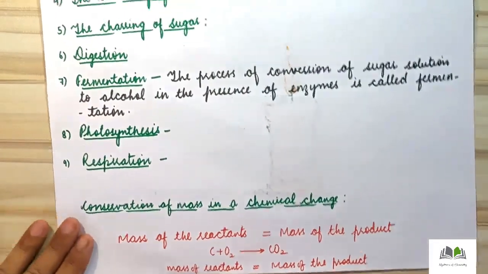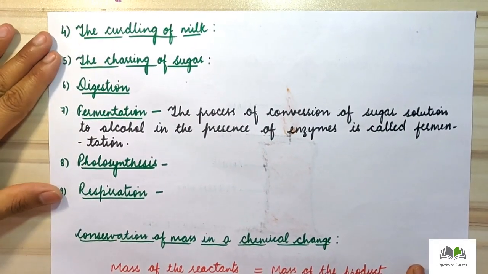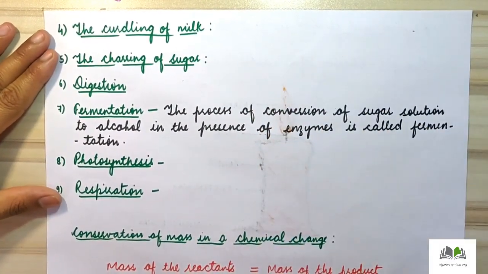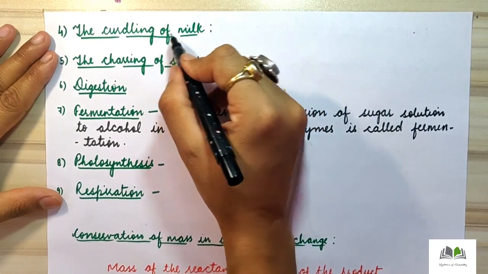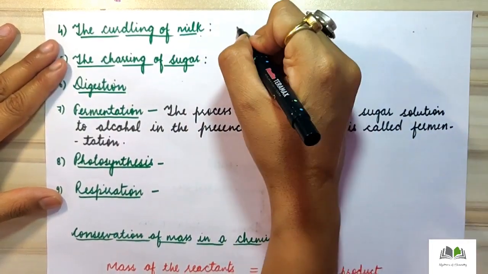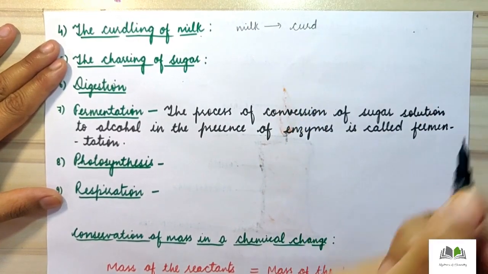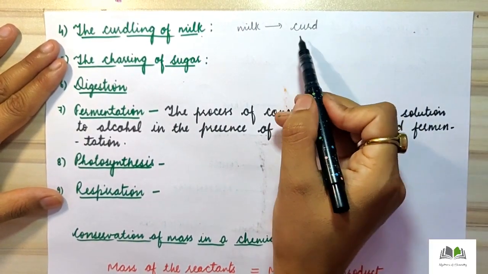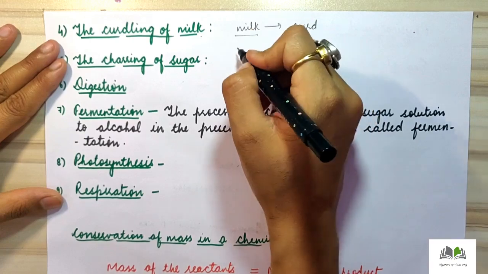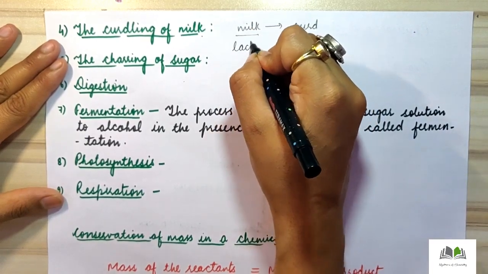Now after this, the next example we have is the curdling of milk. Again, very important. We can see in our houses the formation of curd from milk. When milk changes to curd, the chemical composition changes. Milk contains a sugar known as lactose.